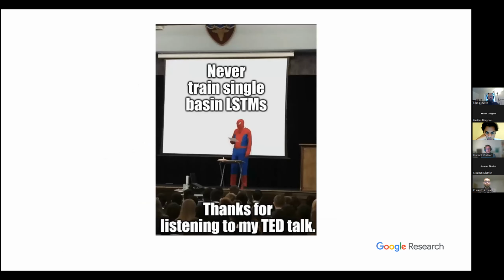Yeah, so now I want to come back to the question, Nick, that you asked: if it would be sufficient if we have more data from a single basin, or if we always should train on multiple basins. I posted this meme a while ago on Twitter.